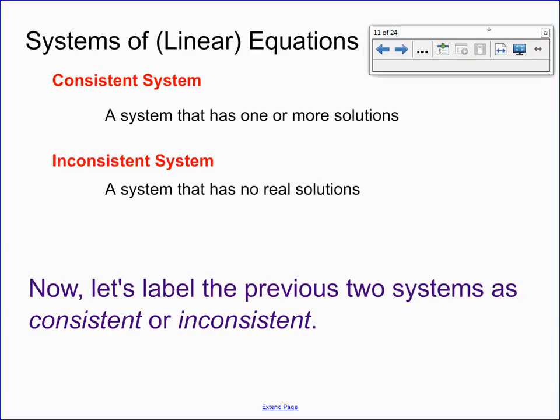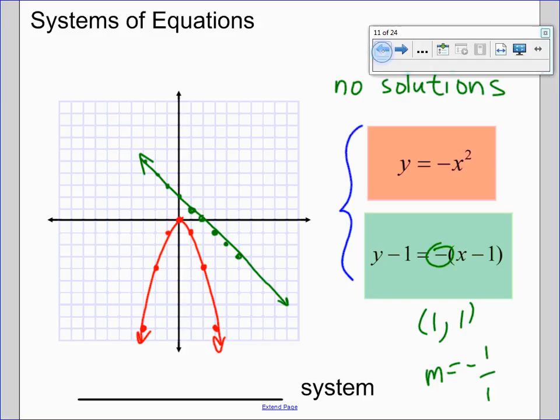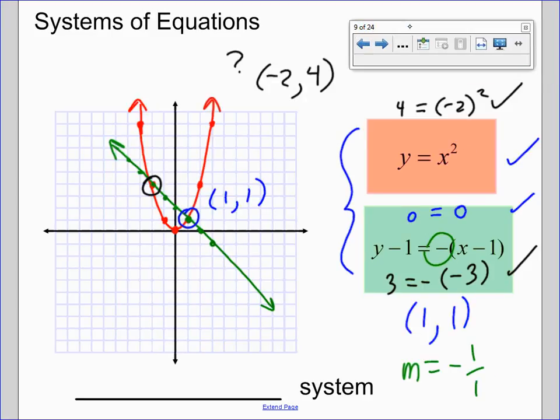Now we can go back and label each of those systems in that blank underneath the graph. Let's label those previous 2 systems consistent or inconsistent. All right, so 1 or more solutions, that's consistent. If there's 1 solution, it's consistent. If there's 2 solutions, it's consistent.